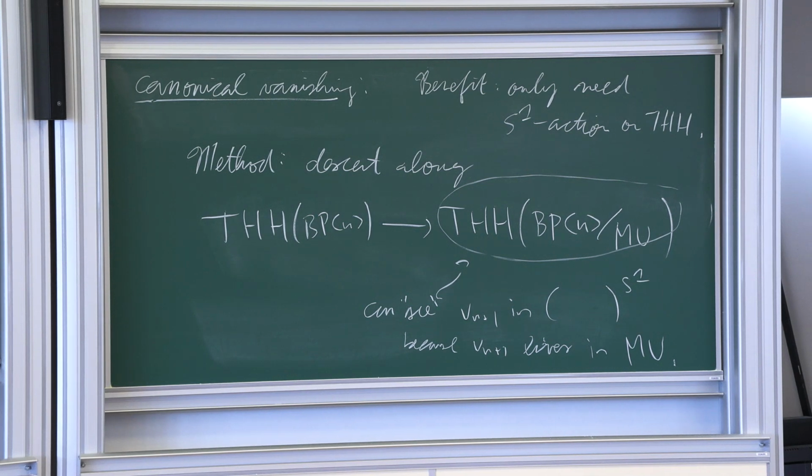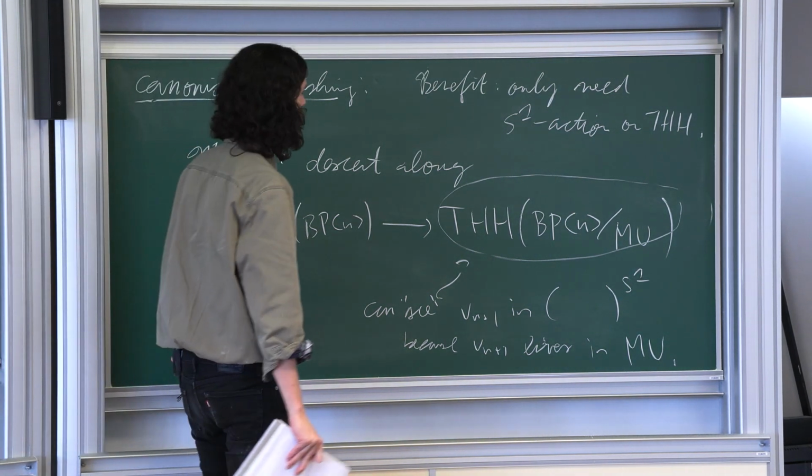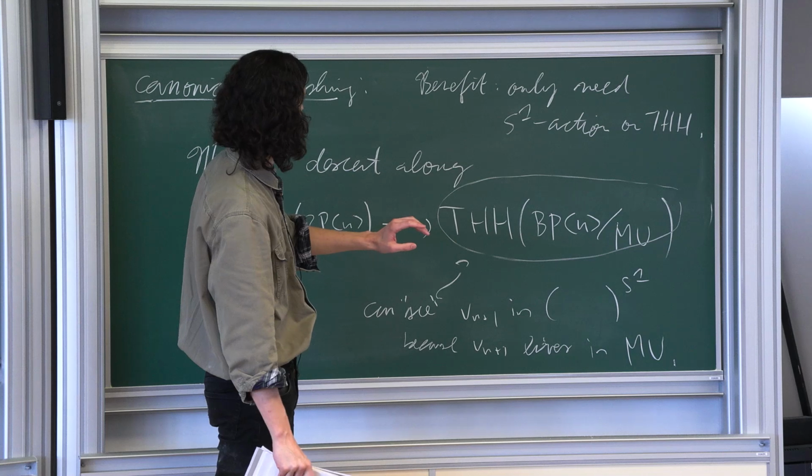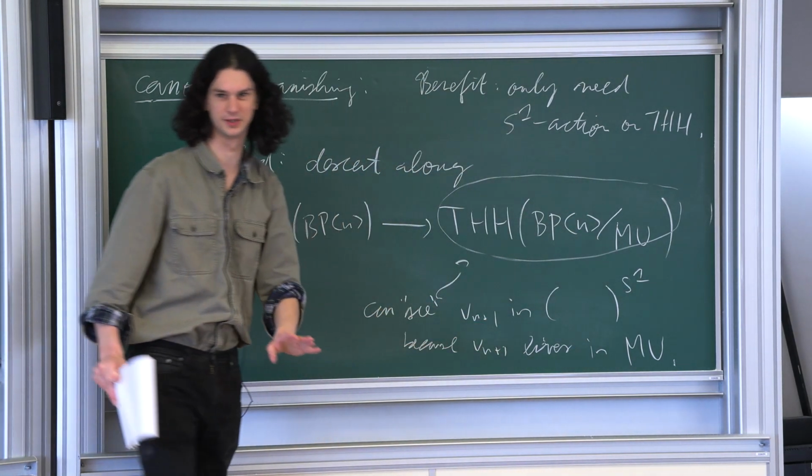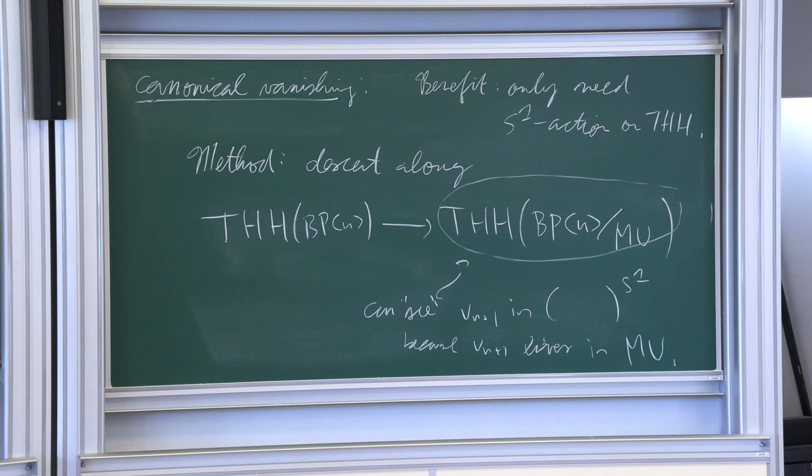And eventually it's not 0 at all. In fact, you can invert it to get something non-trivial. Okay, but the point is, you do descent along this, and in this guy you can recognize your Vn plus 1, and you can do enough of an analysis. I will not go into more detail.